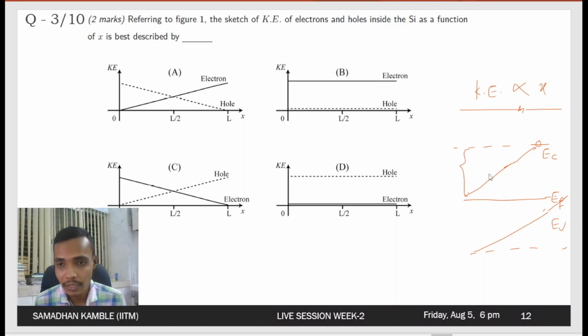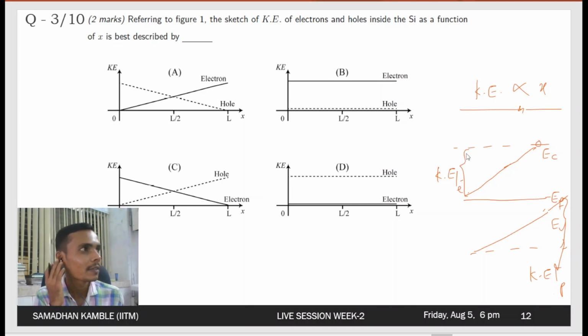So this is actually the kinetic energy for the electrons. Similarly, the kinetic energy for the holes is actually the distance from EV. So the kinetic energy for the holes case is this, kinetic energy for the holes.